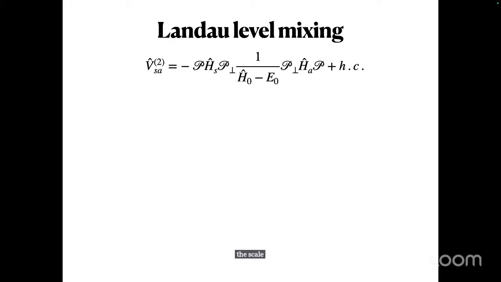So H_S has a scale of e squared over epsilon l_B. The energy denominator has h bar v_F over l_B, and H_A is roughly g. So the l_B cancels out, and you get roughly g times kappa, your fine structure constant.